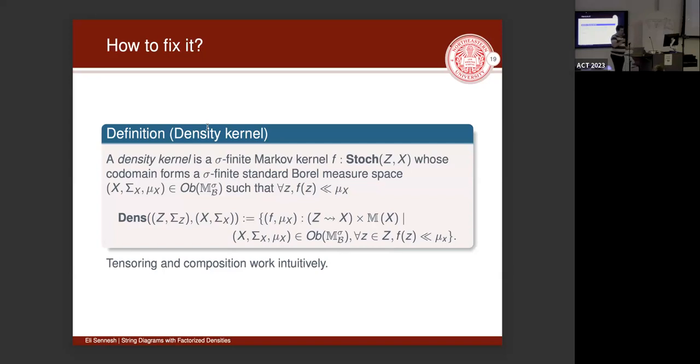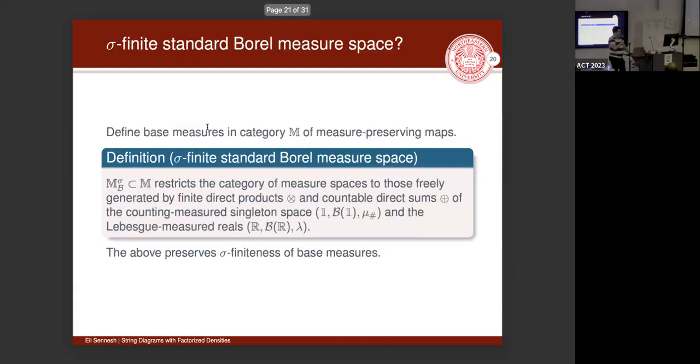I'm going to show you how those are constructed in a bit. They're actually quite nice. And we'll assume that there's absolute continuity at every parameter. Hooray. Since the only thing that really failed to form a category was identity, tensoring and composition work nicely, and it's almost like you could say a Markov semi-category.